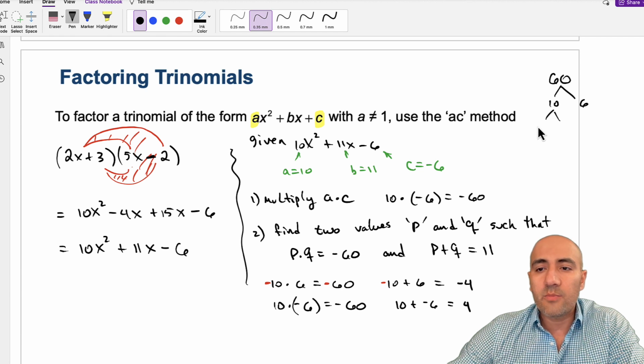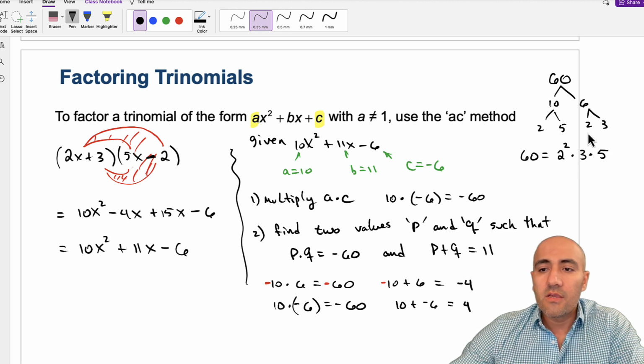And now this breaks down into a 2 and a 5, and this breaks down into a 2 and a 3. So the prime factorization of 60 is 2 copies of the 2, 1 copy of the 3, and 1 copy of the 5. So this gives me a nice organized way to find all the different ways in which two numbers multiply to 60 by regrouping these things.